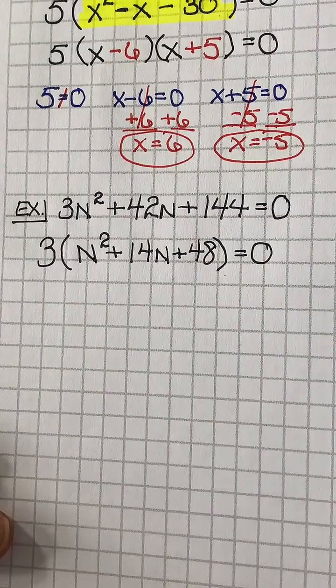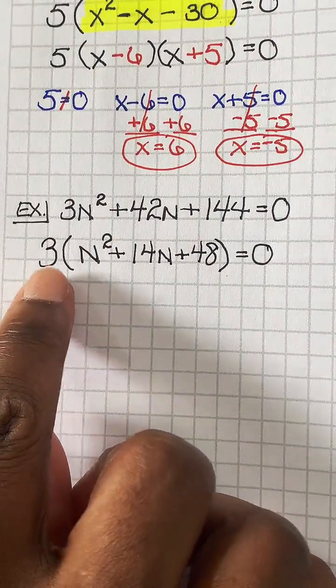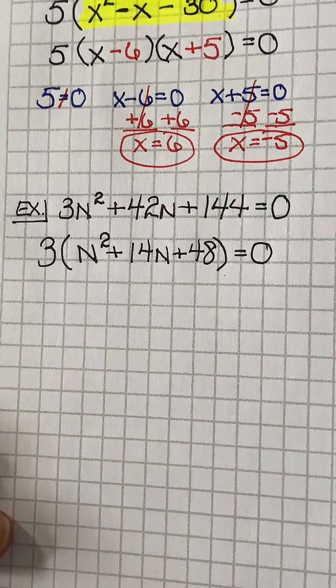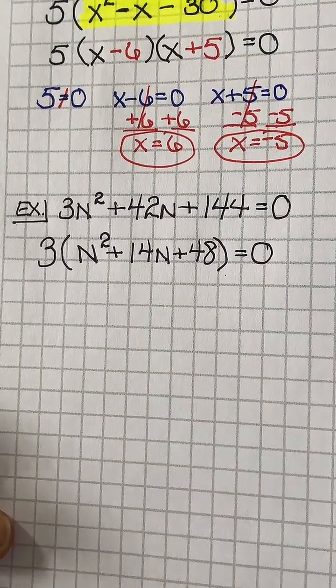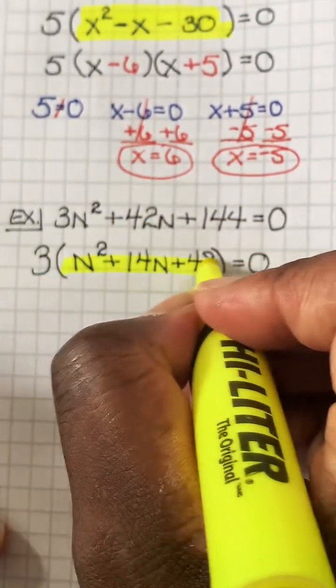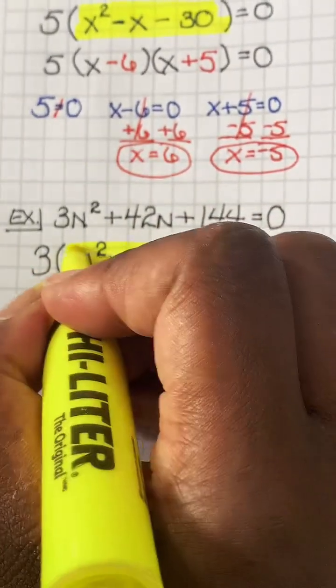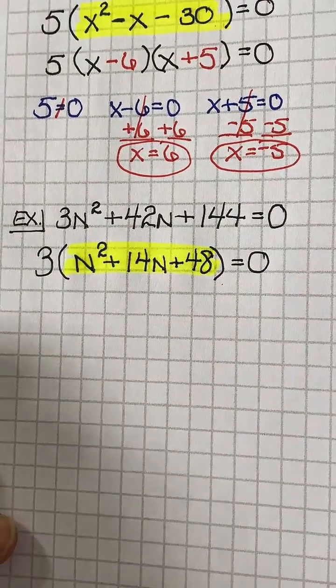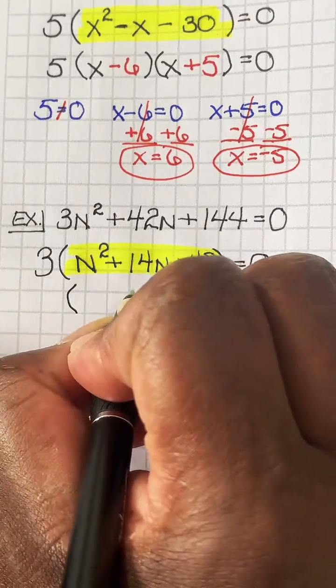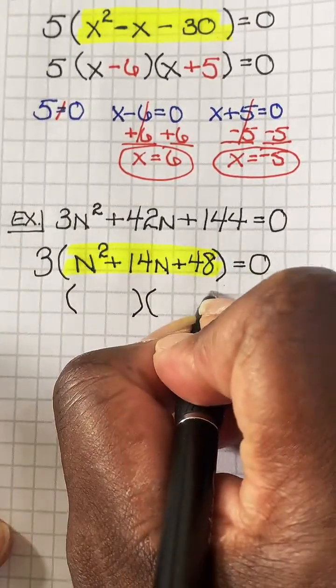Now, since we factored out our GCF, let's focus our attention inside the parentheses. Let's see if we can factor this down a little bit further. So now I'm splitting up my n's.